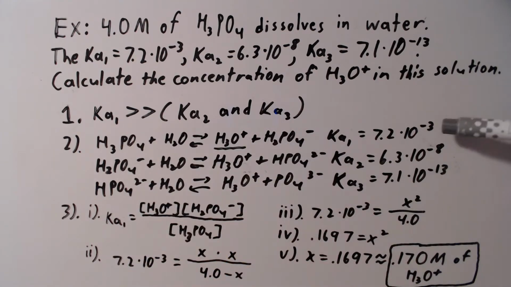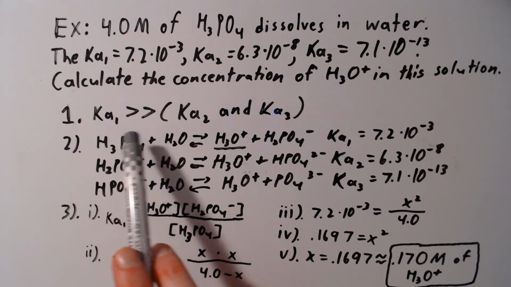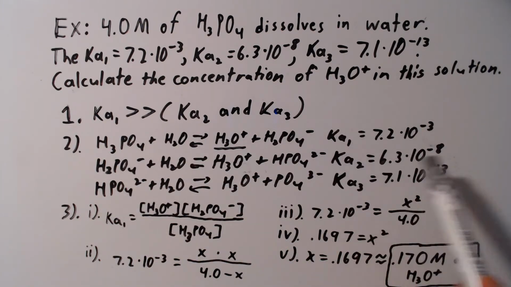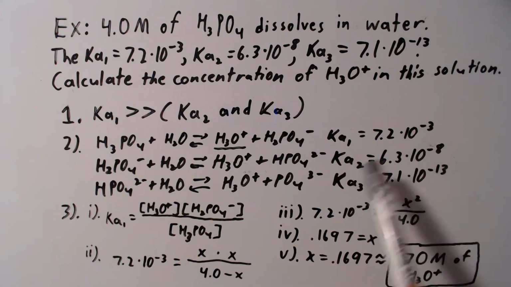In fact, as you can see here, the Ka1 is 5 orders of magnitude greater than the Ka2, and the Ka2 is another 5 orders of magnitude greater than the Ka3. So essentially the Ka1 is much greater than Ka2 and Ka3. You see, the 7.2 times 10 to the negative 3 is much greater than these two other values.